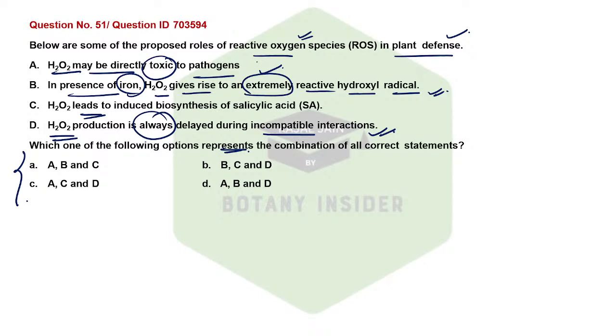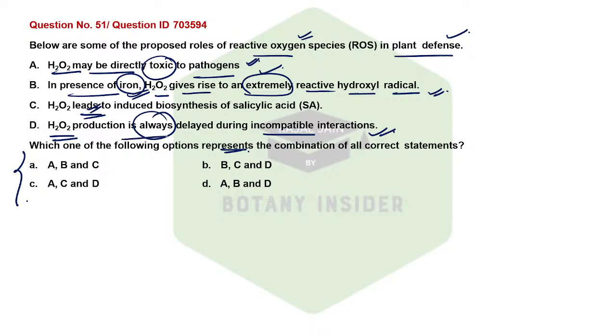First one, H2O2 may be directly toxic to the pathogen. This one is a correct option, a very straightforward, factual statement. Then in the presence of iron, H2O2 gives rise to an extremely reactive hydroxyl radical. Then H2O2 leads to induced biosynthesis of salicylic acid, right?